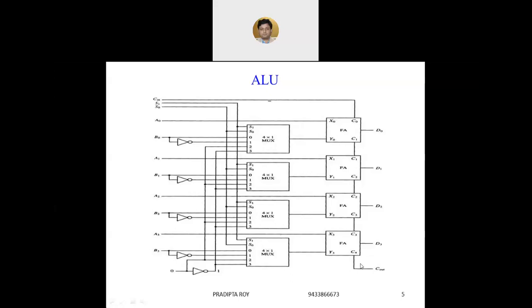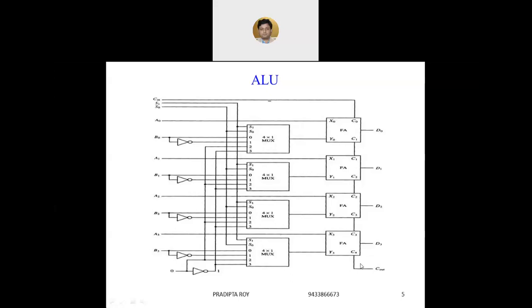Now, if S1 and S0 are 0 and 1, this will select the second input of every mux. That is, input line 1 of every mux will be selected. You can see input line 1 of every mux is connected to the complement of the B input. So as the mux output, we will get B0 bar, B1 bar, B2 bar, and B3 bar.